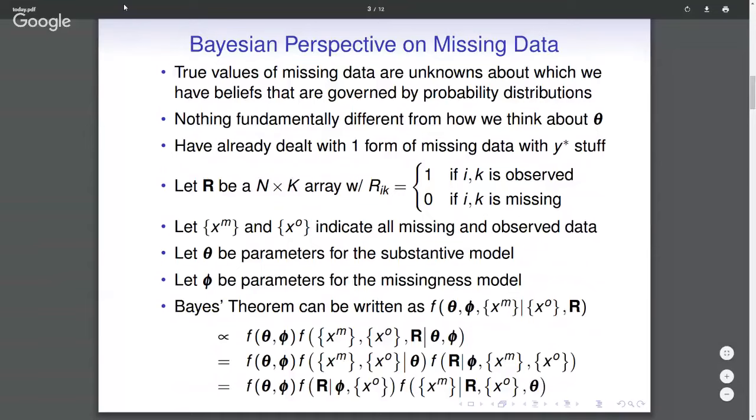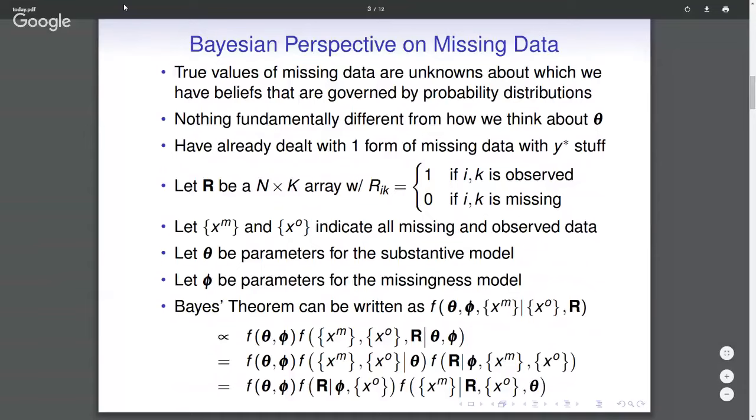We kind of already dealt with missing data in one form when we talked about the ordered probit models that have this utility y star, which we integrated out. That was one of the rare cases in which you can integrate the unknowns out of the likelihood. But you can think of it as missing data. We're never going to observe utility.